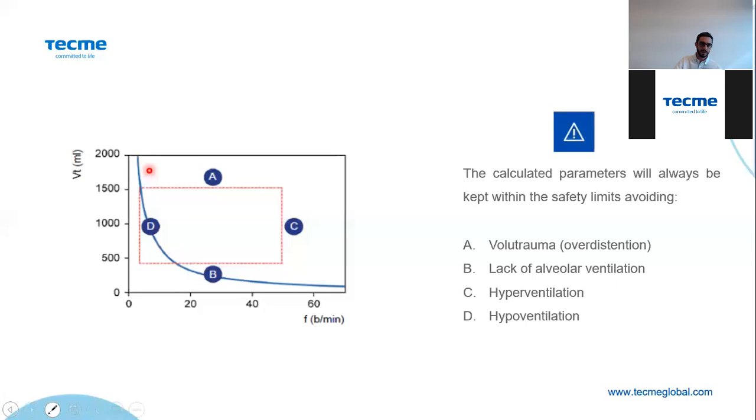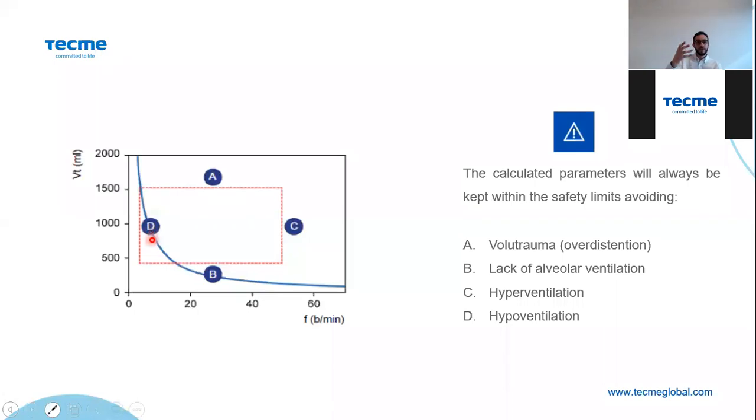This line represents the optimal minute volume. This is frequency and this is tidal volume. So you can achieve this minute volume by different frequencies and different tidal volumes.